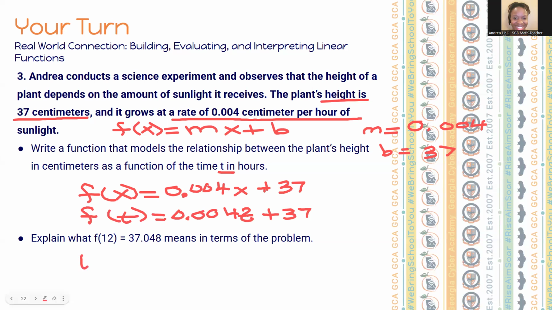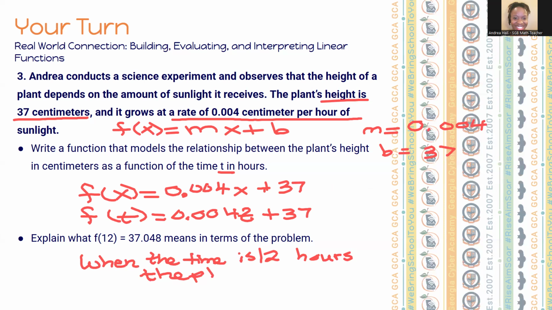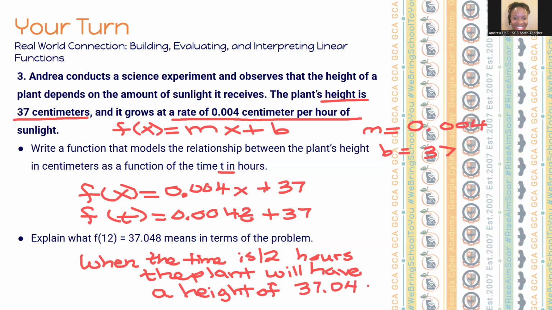It means when the time is 12 hours, the plant will have a height of 37.048 centimeters.